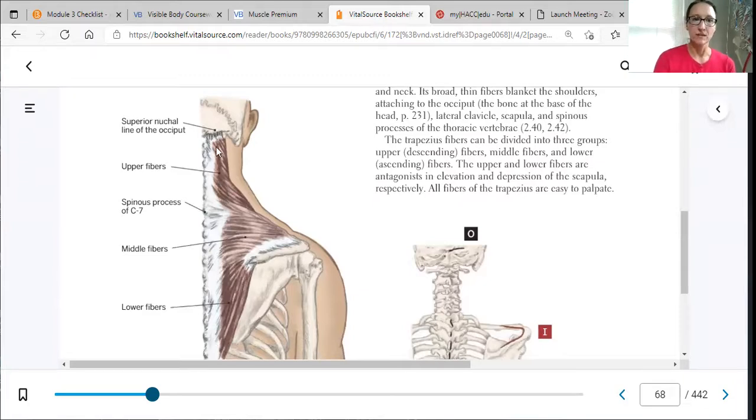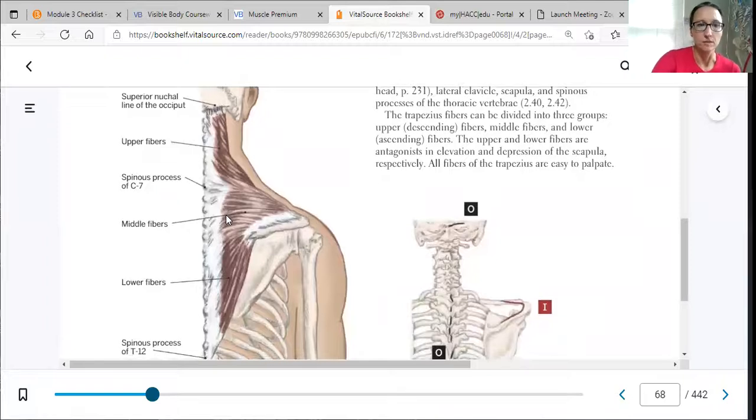Here we have the upper trapezius, the upper fibers, and the middle traps, and you see those fibers are in a completely different direction. They go horizontal. And then we have the lower traps. So we're going to be dividing the actions that way.